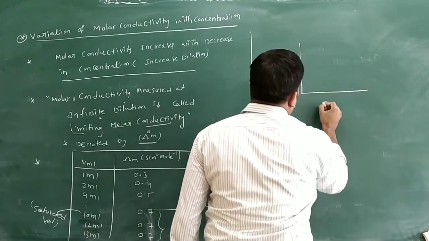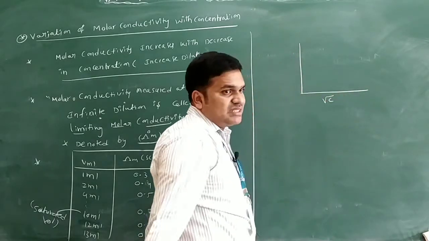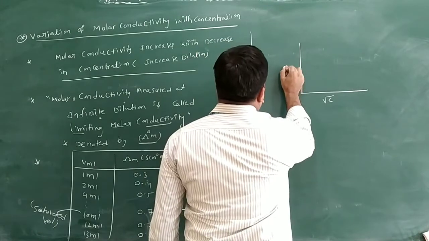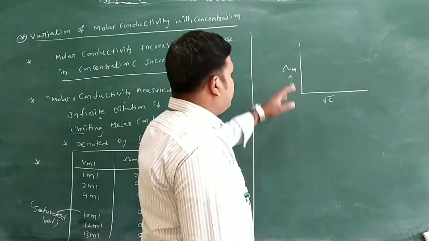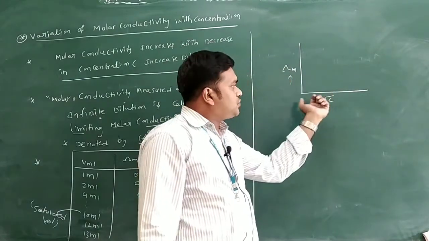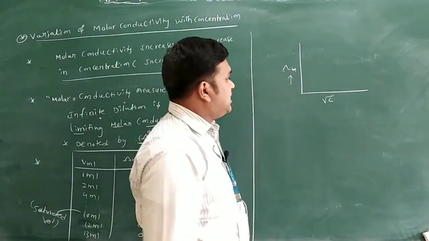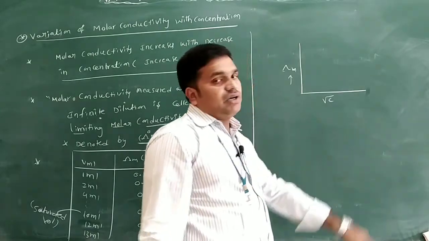Here you are taking the square root of the concentration, root C, versus molar conductivity. Molar conductivity is on the Y-axis and the square root of concentration is on the X-axis. We will draw the graph for a strong electrolyte.